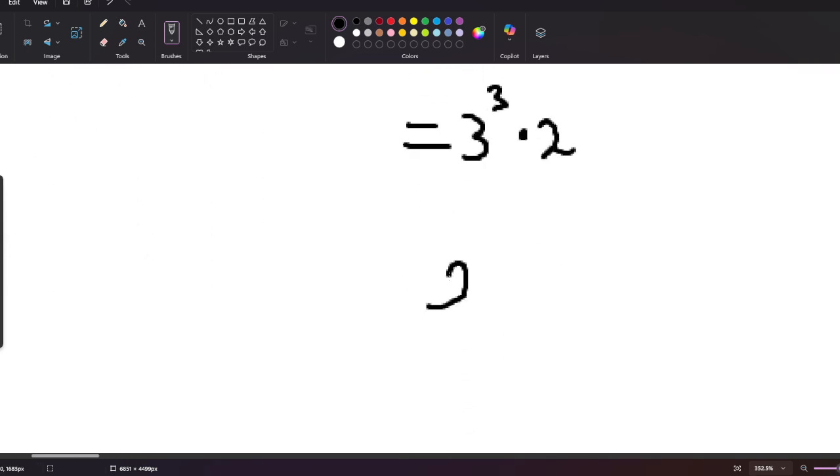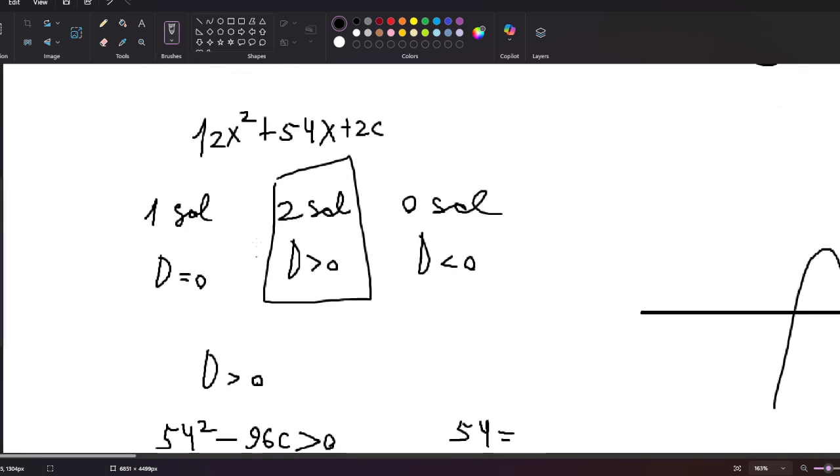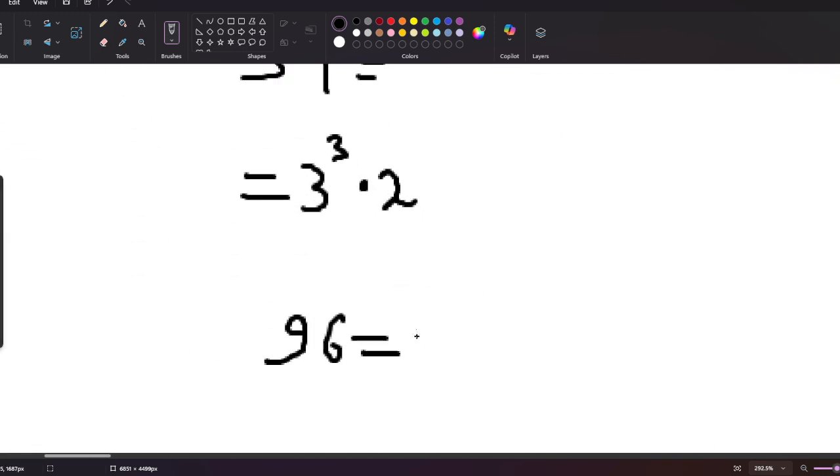And 96, I mean, we just express it as a product of 12, 2, and 4. 12 is 12 squared times 3. Have 2 here and also 4. So that's gonna be 2 to the 5th times 3.